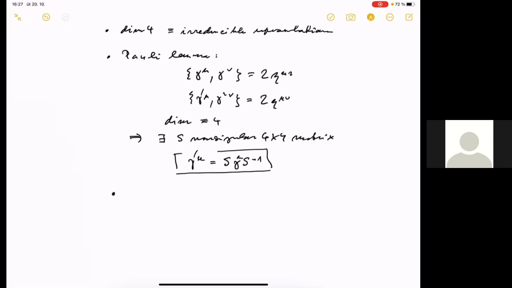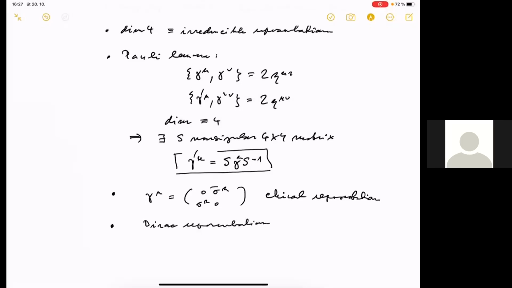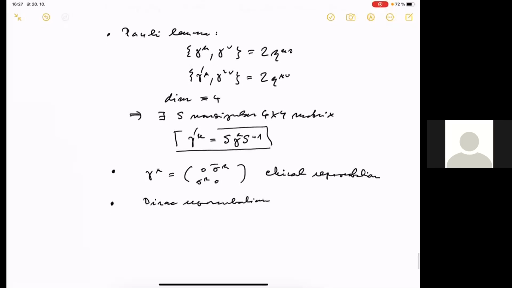Which representations are usually used? You already know our chiral representation. You have already worked in the seminar with the Dirac representation, which is also written in such a 2-by-2 box. In this case, this gamma 0 is different from the chiral representation.